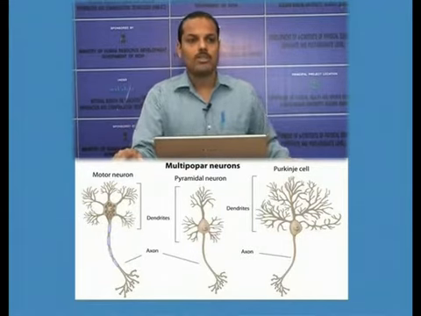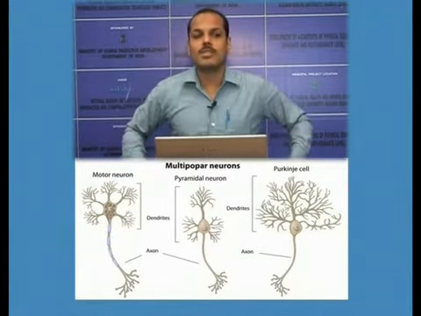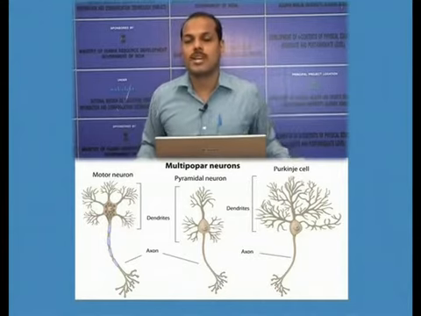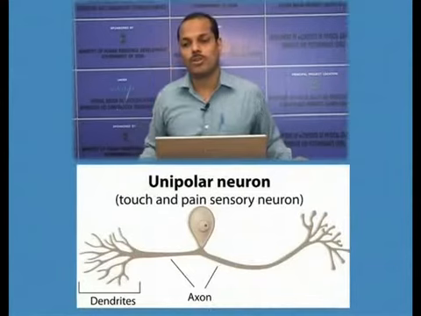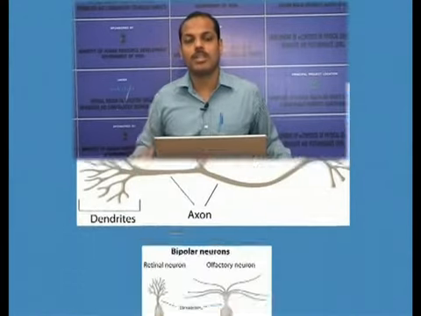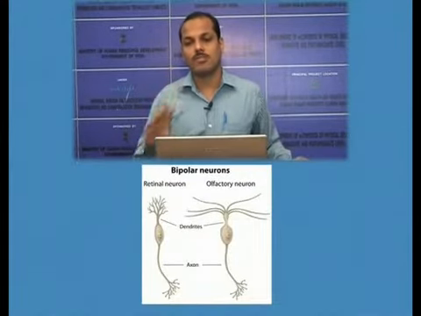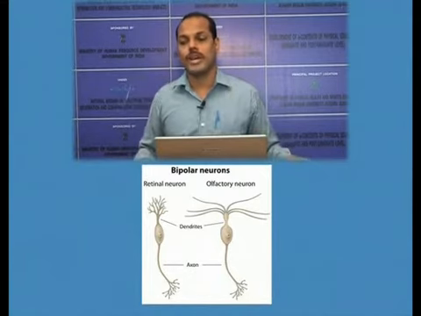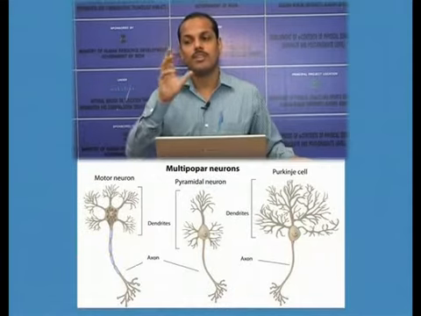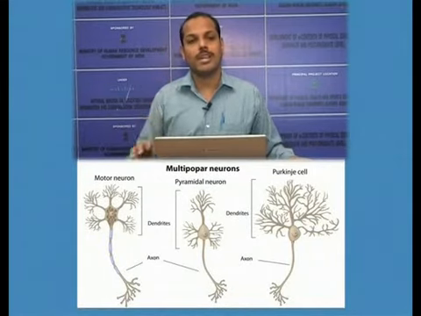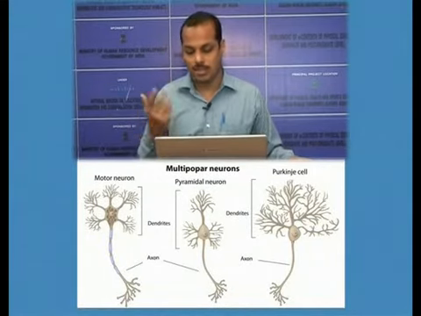So based on the number of fibers extending from the cell body, the neurons can be divided into unipolar neuron, only one extension; bipolar, two extensions, one axon and one dendrite; and third one is multipolar, that is multiple extensions, like many dendrites and one axon.